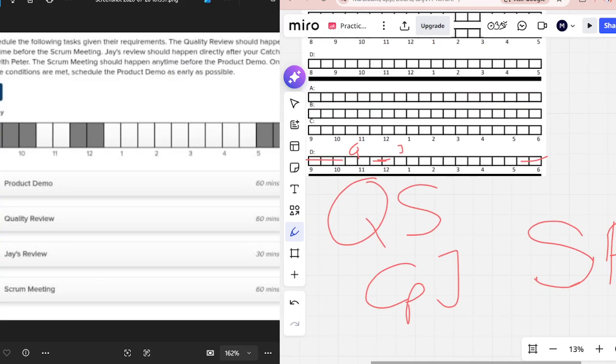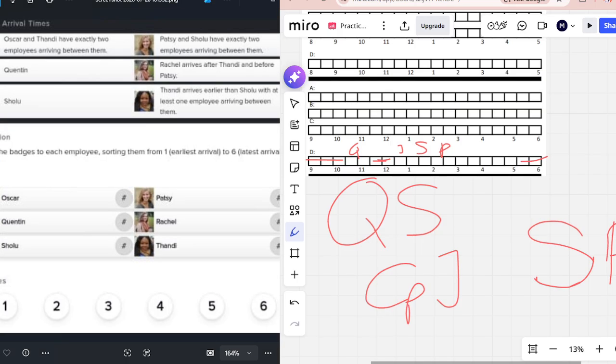Next I have Scrum meeting, which is 60 minutes, and Jay's review is 30 minutes. Then Scrum meeting is 1 to 2. And finally, product demo. They said schedule as early as possible, 2 to 3. Now we are done with this question.